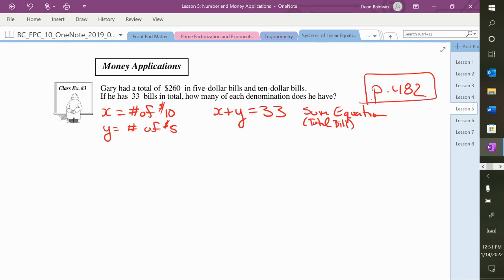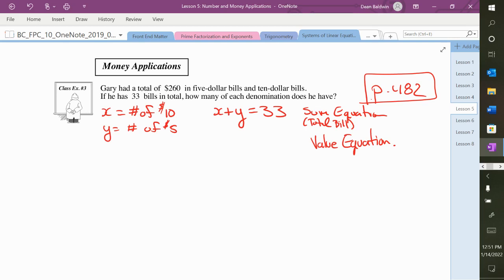Then you have to come up with a value equation because they tell us we have $260. So you need a value equation. Okay, this is an aside: if I have 4 $5 bills and 2 $10 bills, how much money do I have? $40, right?